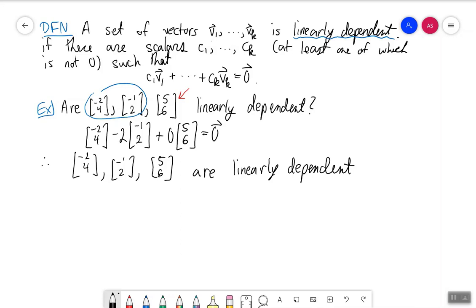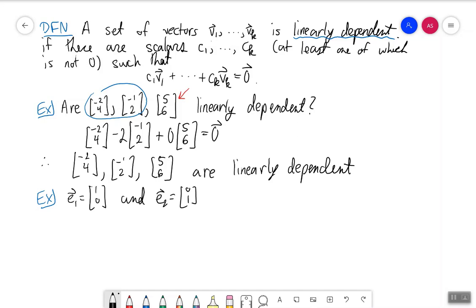Okay, now that you're back, let me give you an example, probably my favorite example, of two vectors which are not linearly dependent. The vectors e1 equals (1, 0) and e2 equals (0, 1).